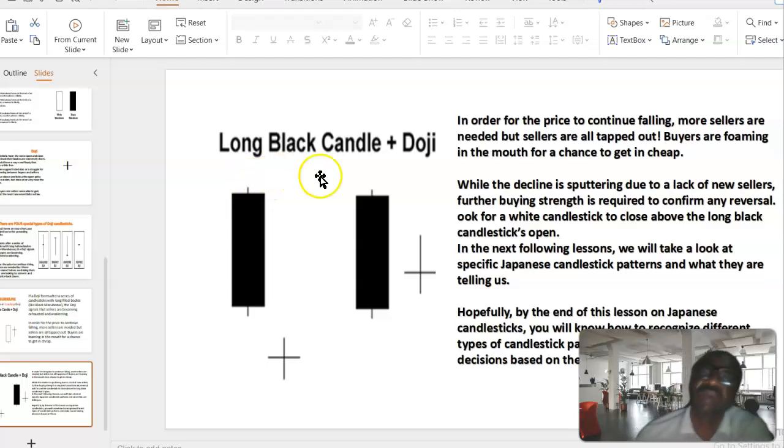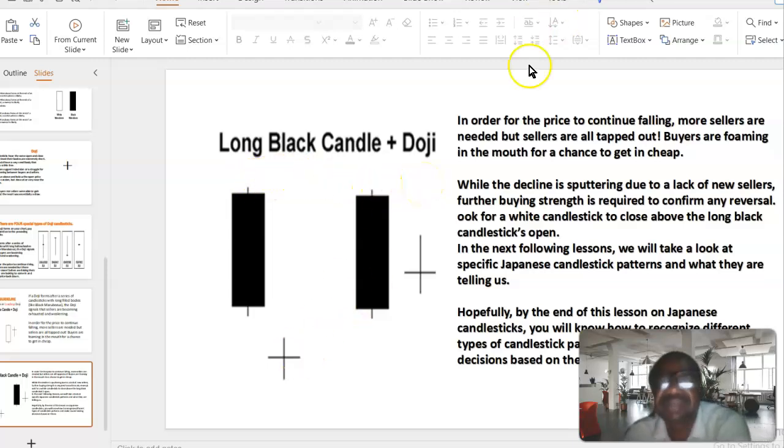For a long black candle followed by a doji, what happens? In order for price to continue falling, more sellers are needed, but sellers are all tapped out. Buyers are now foaming at the mouth for a chance to get in cheap.